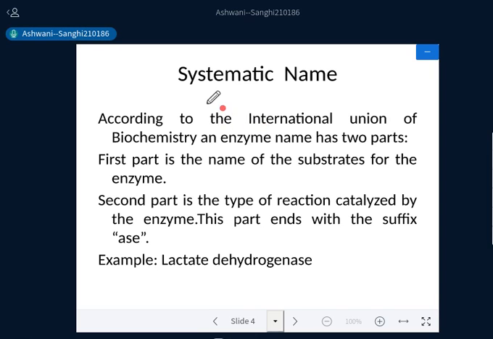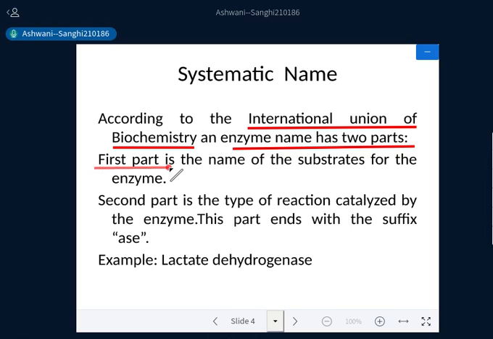Then, the systematic name of an enzyme. According to the IUB, the International Union of Biochemistry, an enzyme name has two parts.